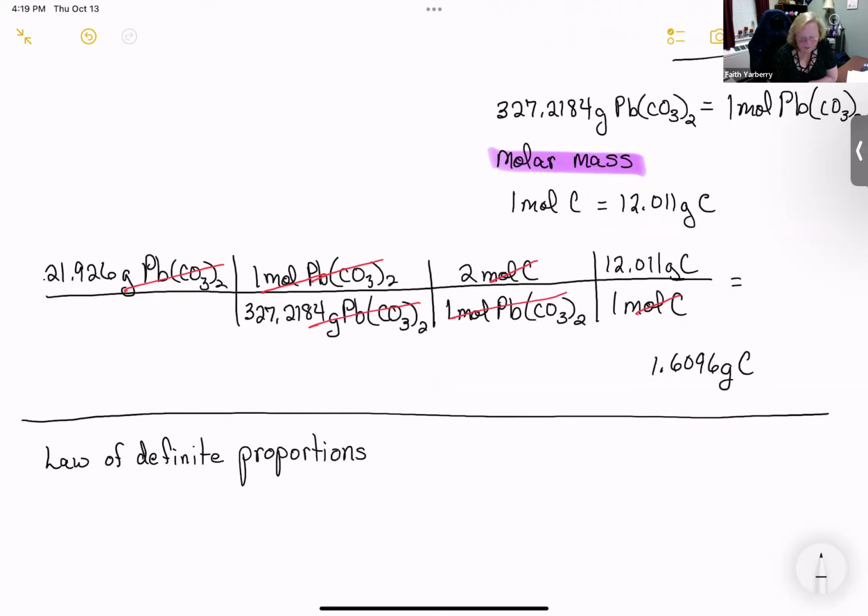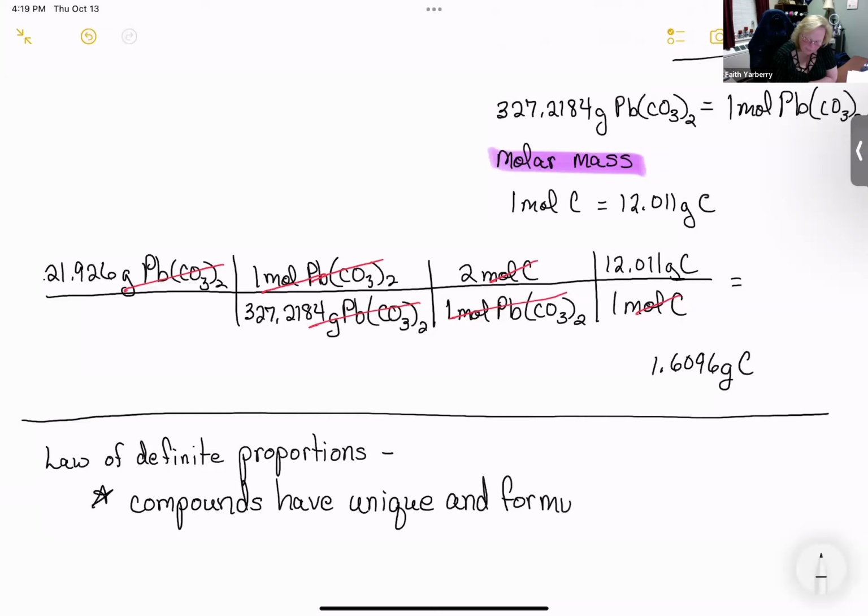Basically, folks, we've already said that our compounds have unique names and formulas, and that if you change the formula, you change the substance.